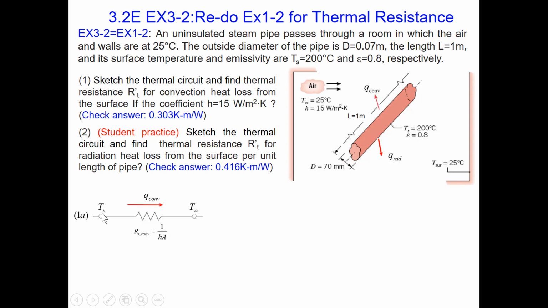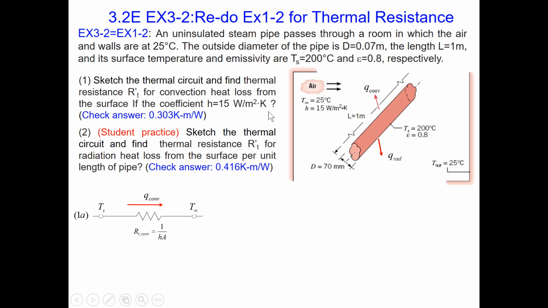We start with high temperature Ts, go straight line, then zigzag, go straight line, then an empty dot. Label Ts, T infinity, RT convection, Q convection, and an arrow to represent the flow direction.